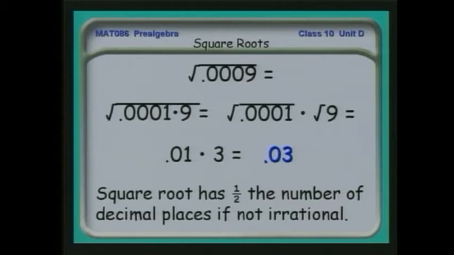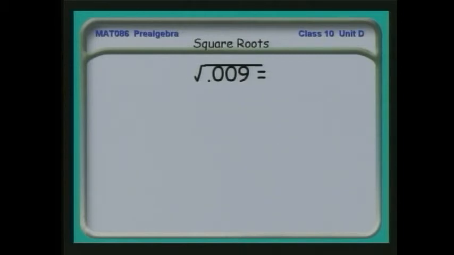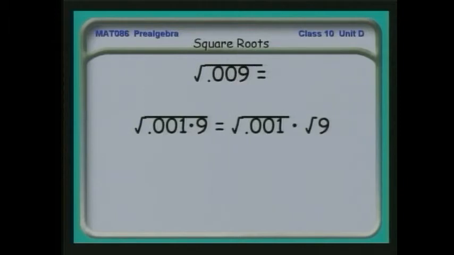However, there's something else that you need to see. First, if you have a perfect square, you see that the number of decimal places in the square root is half what you started with. In a sense, it's the opposite of multiplication. Sometimes you can't do that. This looks very similar, and we can split it this way.